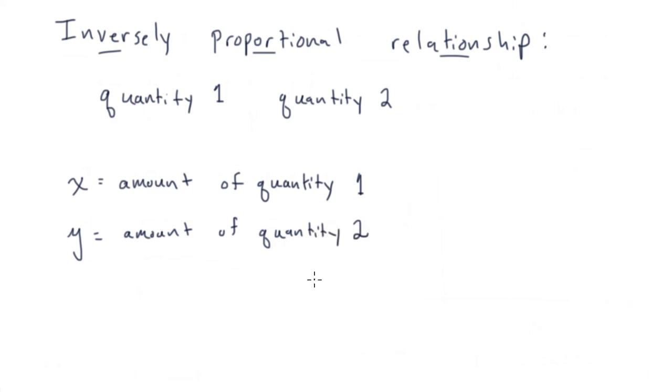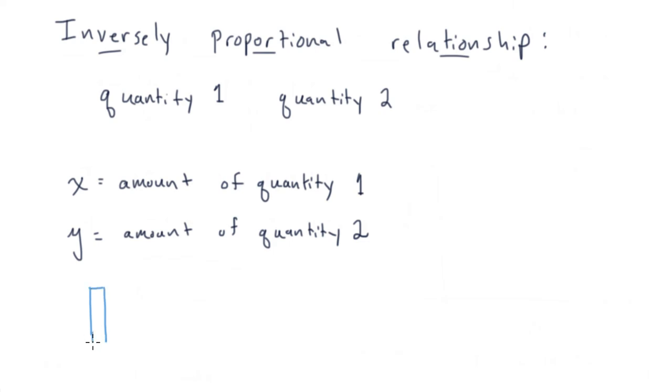So the idea is that rather than thinking about, okay, as x increases, y increases proportionally, somehow the product of x and y is staying fixed. Okay, and the best example I can think of to motivate this is looking at rectangles with the same area. Okay, so let me just draw a couple pictures to motivate this.